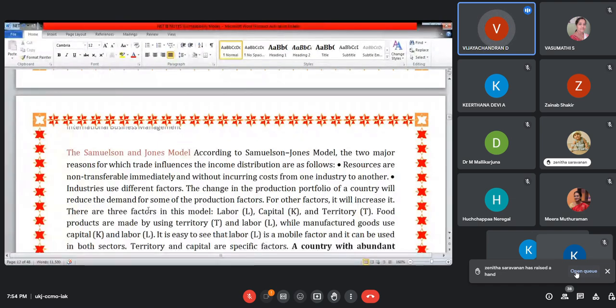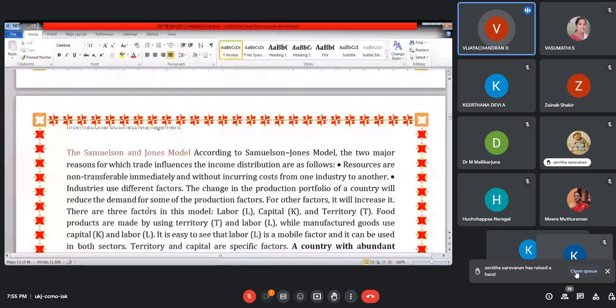So trade is purely based on the factor. So this is factor theory. The resources that are non-transferable will be the major reason for international trade.